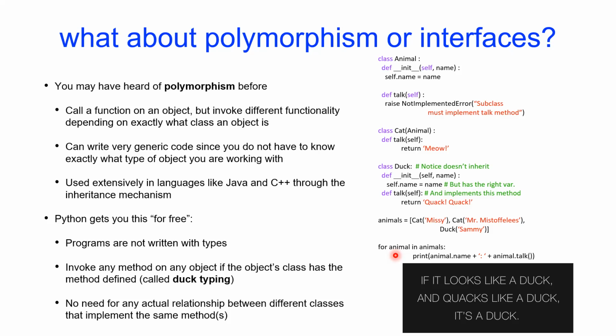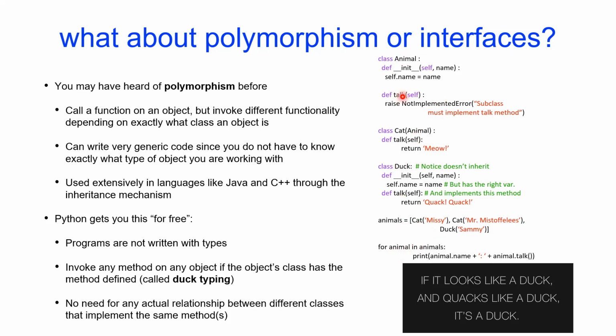For example, as long as it is an animal, it will always have a talk function. But what sound it makes when it talks, whether a dog talks, a cat talks, or a cow talks, really depends on what object you have at the moment. Okay, so this brings a lot of convenience.